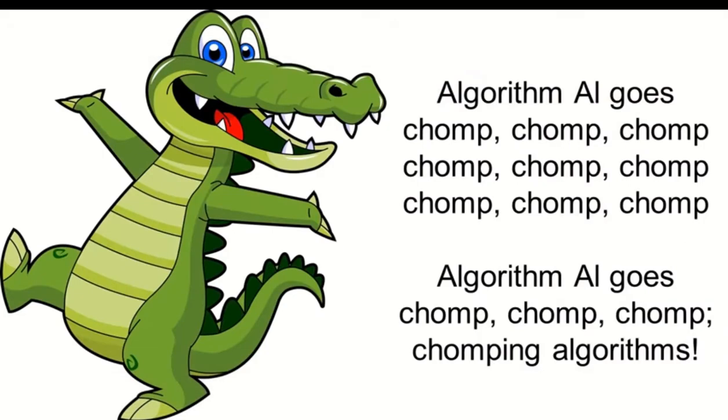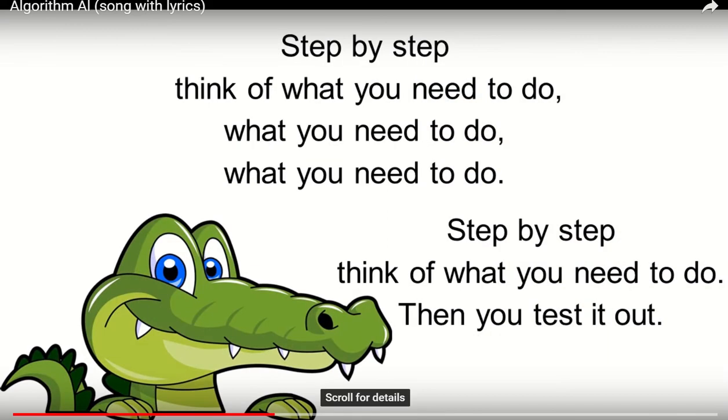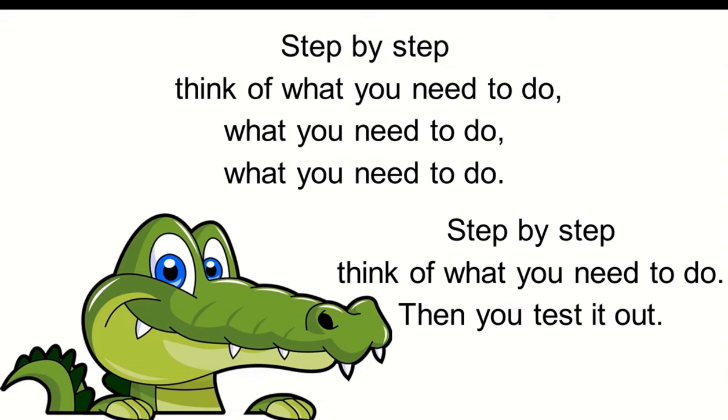Algorithm now goes chomp, chomp, chomping algorithms. An algorithm is a list of steps that you do in order. Step by step, think of what you need to do, then you test it out.